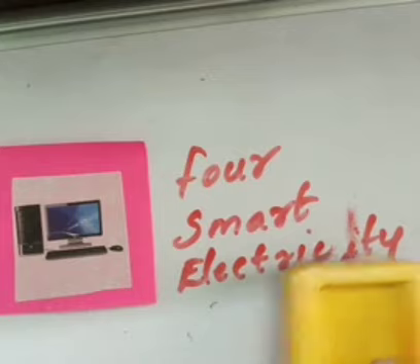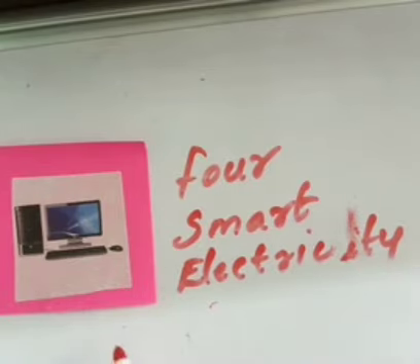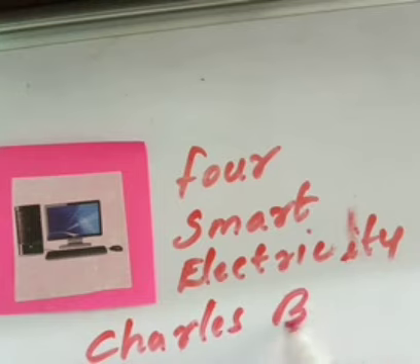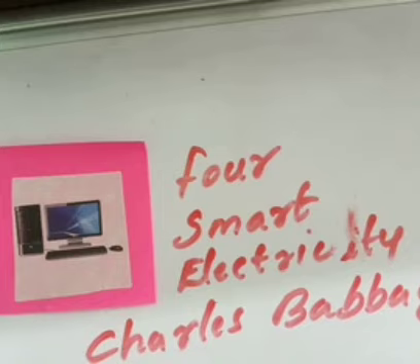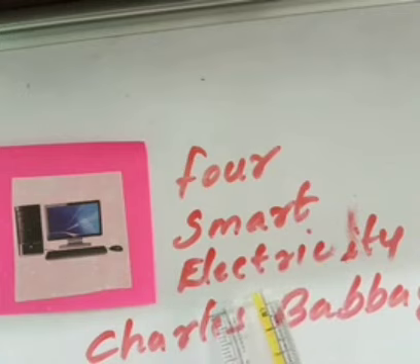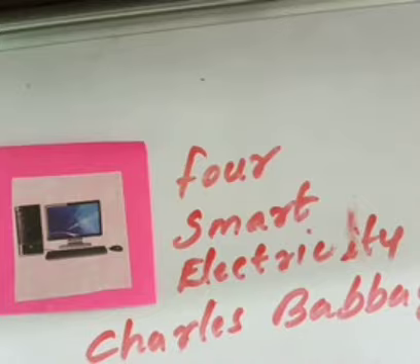Okay, so once again I am writing Charles Babbage. B-A-B-B-A-G-E, Babbage. Okay, a computer has 4 main parts, and it is a smart machine. It needs electricity to run, and this machine was invented by Charles Babbage.